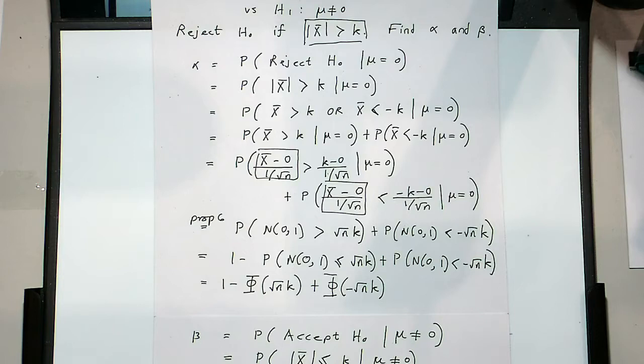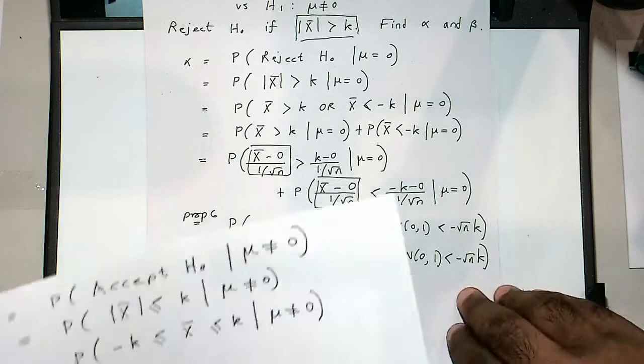Once again, from your math background, if the absolute value of something is less than or equal to a constant, that means without the absolute value, it will be between minus k and plus k, right? You know this, right?